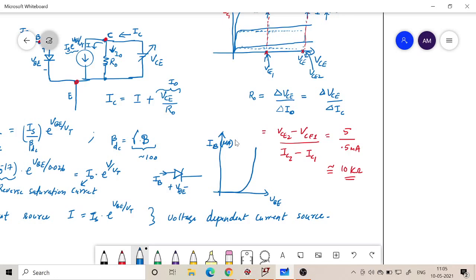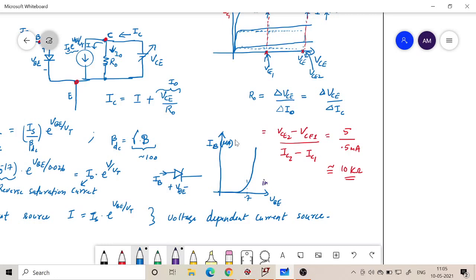You see, the reverse saturation current is 10 to the minus 17, 100 times smaller than the collector current, which was Is. So Is by 100, it will be in microampere, and you will get characteristics like this. So this may be something like 0.7 volt.